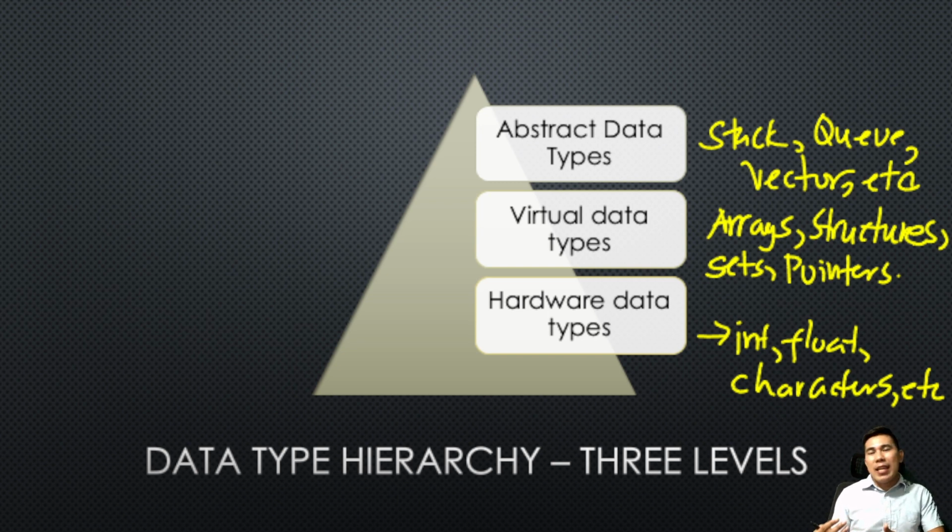That is a LIFO or last in first out algorithm. Later on, in our succeeding topics, we are going to create our own ADTs like queue, vectors for dynamic arrays, array list, linked list, and all other abstract data types that are available in Java.